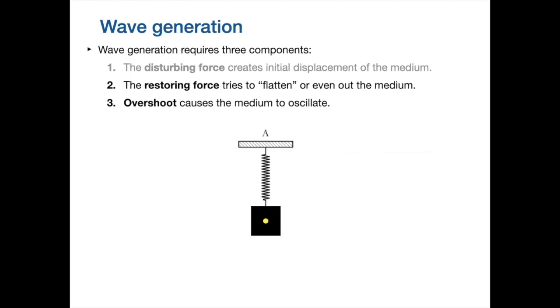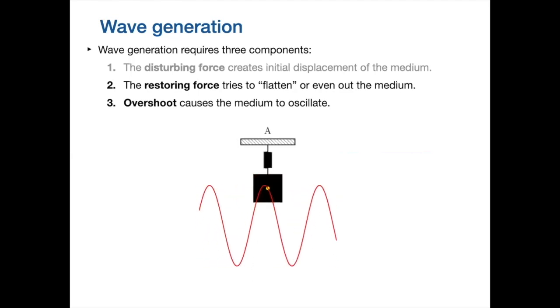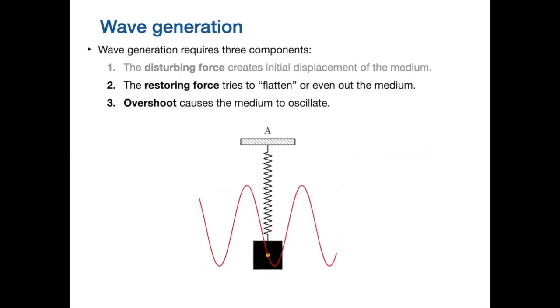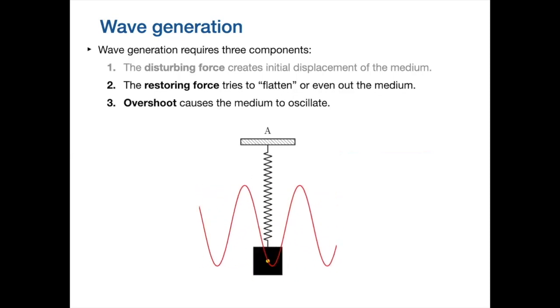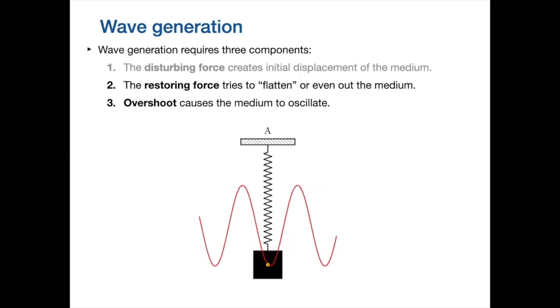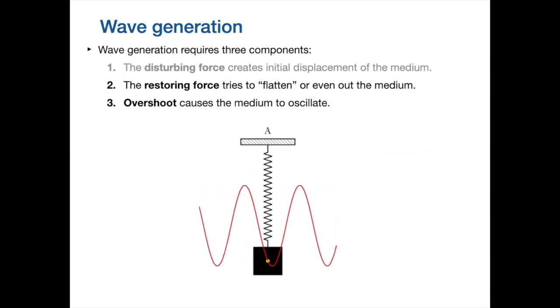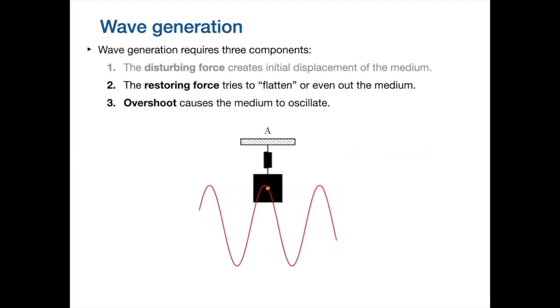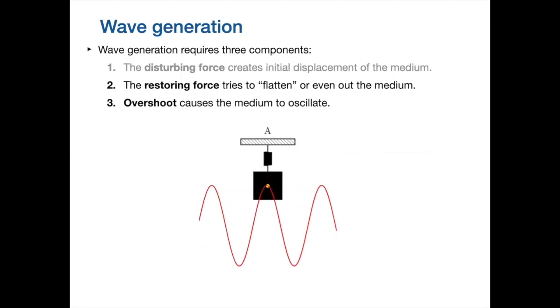It's going to overshoot and then go up and down. So it goes up, the mass is too heavy for the spring, so it falls back down, overshoots. In this case, there's no friction in the system, so this will just keep going and going. But in reality, friction will damp out the motion and it will eventually stop.